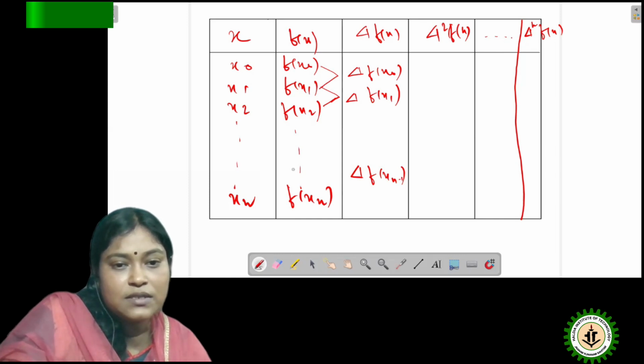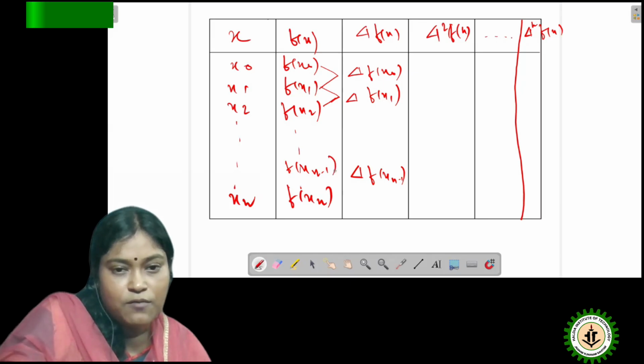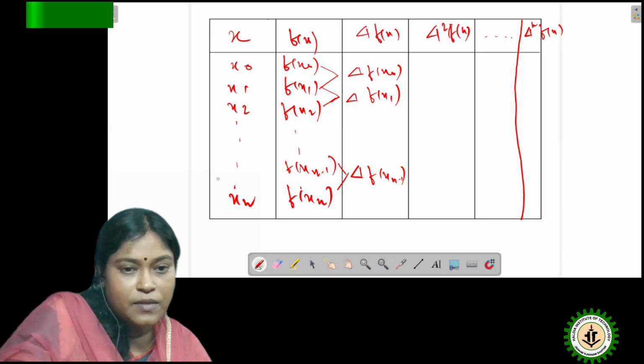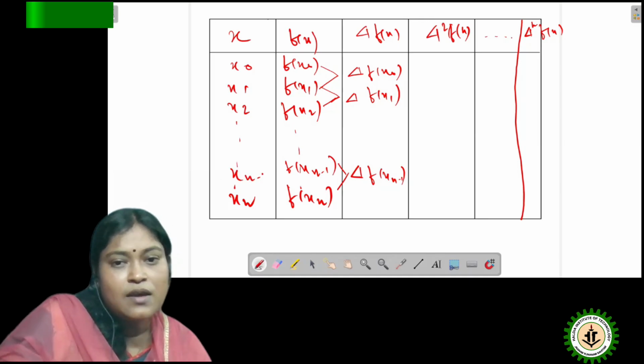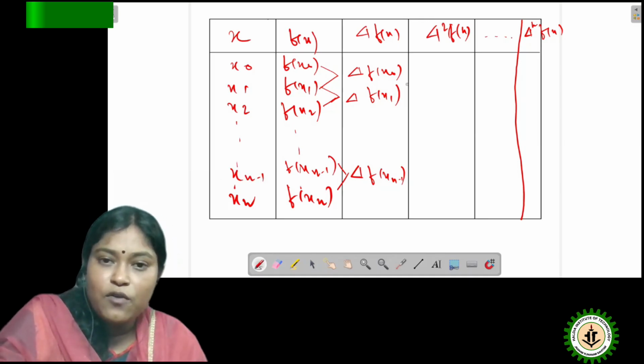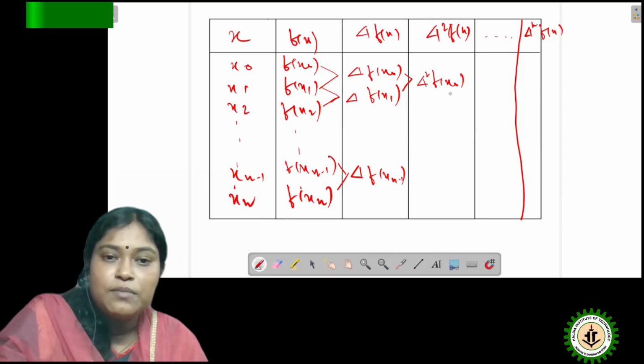So from these two, I will get this one, and this is for x n minus 1, right? Next, from these two, I will get delta square f of x naught. The value will be simply delta f x1 minus delta f x naught.